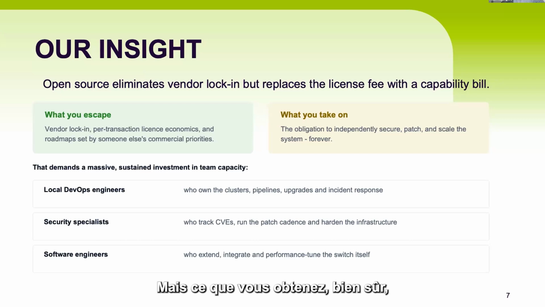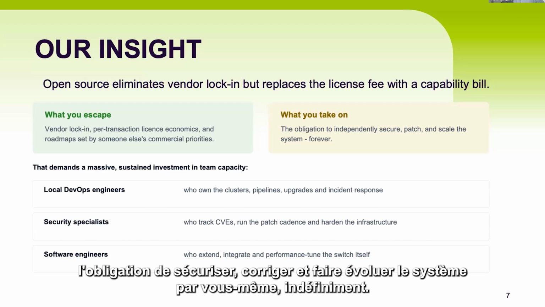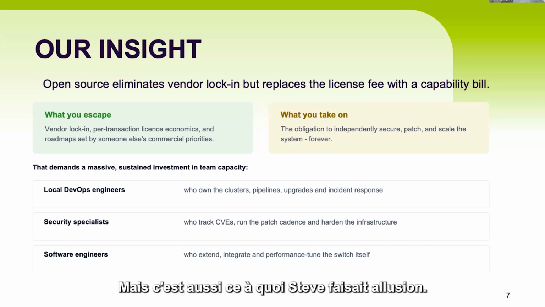But then what you have to take on, you obviously have to consider, is the obligation to independently secure, patch, and scale the system forever. But this is also what Steve alluded to.